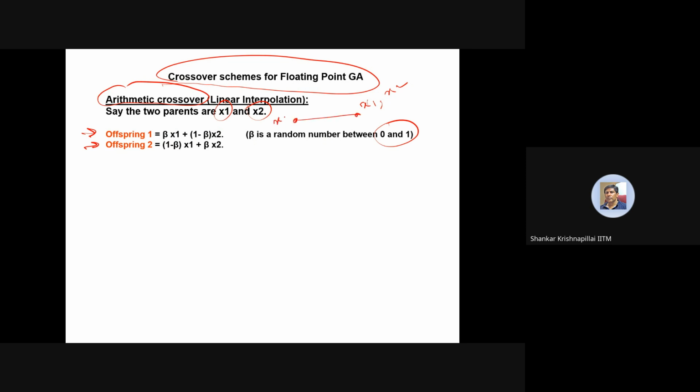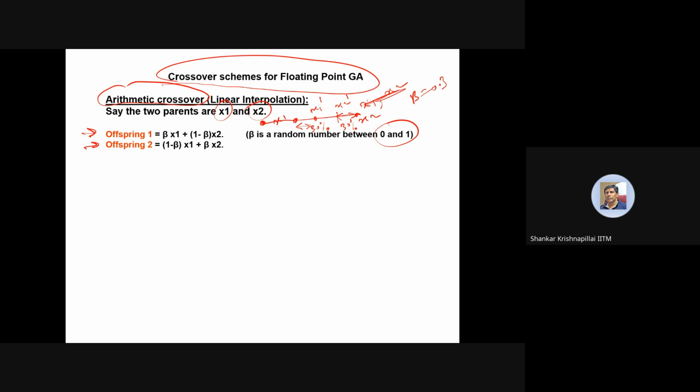Suppose x1 is here, x2 is here, and beta is, say, 0.3. The first offspring, x1 apostrophe, will be at a distance of 30% from x1, and the second offspring, x2 apostrophe, will be at a distance of 30% from x2. But actually we also need to extrapolate.